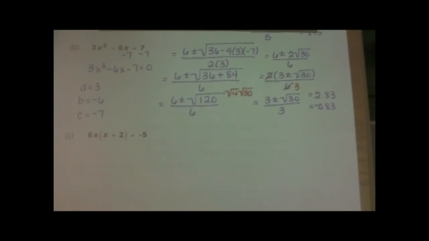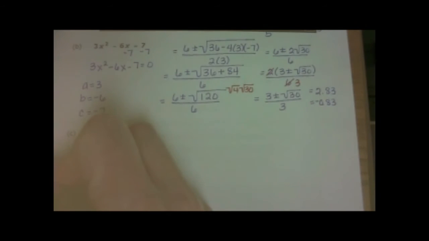All right, let's go to the next example. Now remember, here's what I need to do. I need to get this into my standard form, which is ax squared plus bx plus c equals 0. So go ahead and distribute, and we get 6x squared plus 12x equals negative 5. Move that 5 to the other side.